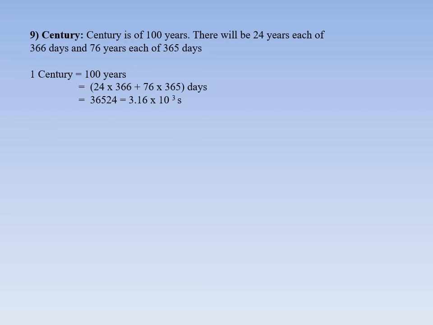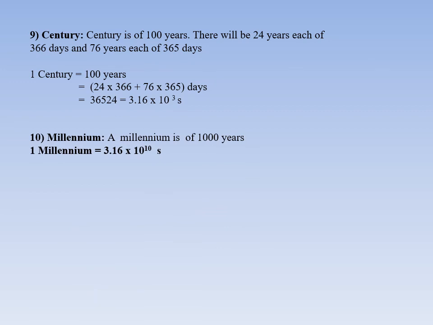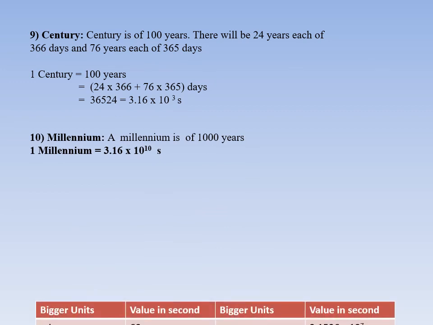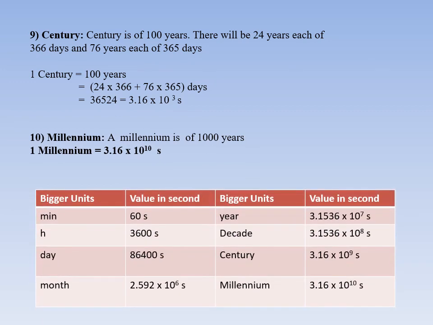Thus, 1 century is equal to 100 years, which can be calculated as follows: 24 into 366 plus 76 into 365 days. Millennium. A millennium is of 1000 years. That is, 1 millennium is equal to 3.16 into 10 to the power of 10 seconds.